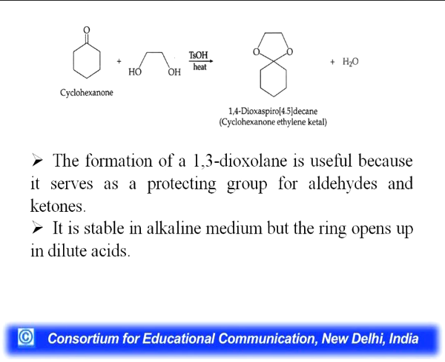The formation of 1,3-dioxolane is useful because it serves as a protecting group for aldehydes and ketones. If we are doing a reaction and need to protect a group, then we can make use of this reaction. It is stable in alkaline medium, but the ring opens up in dilute acid solutions.